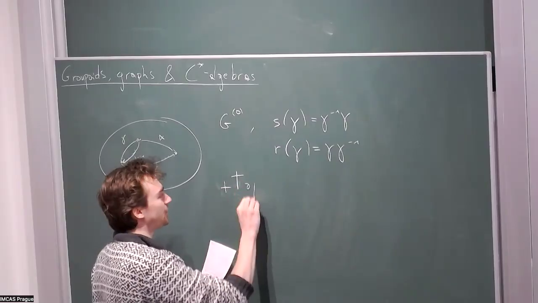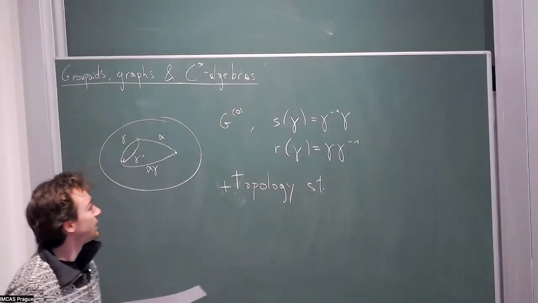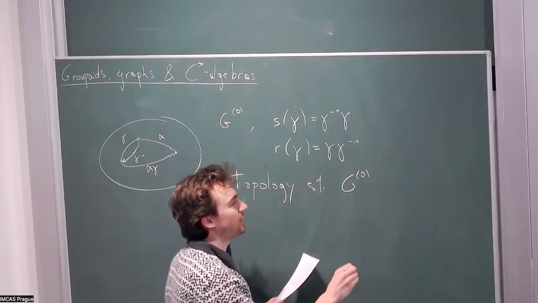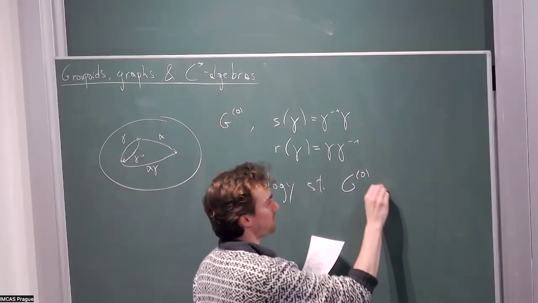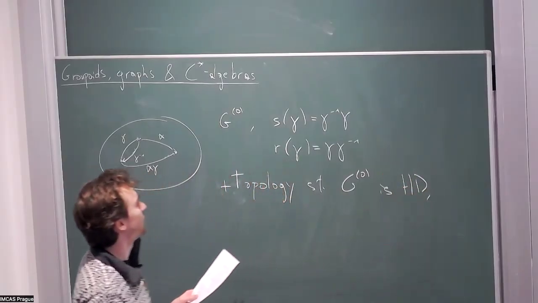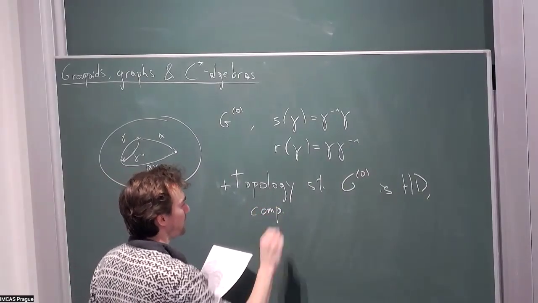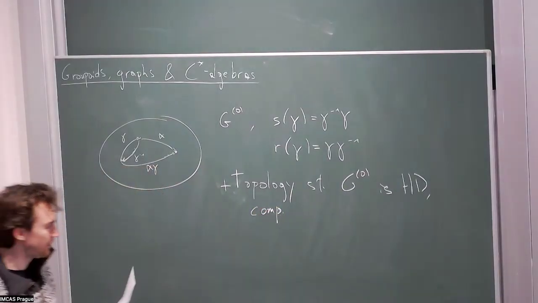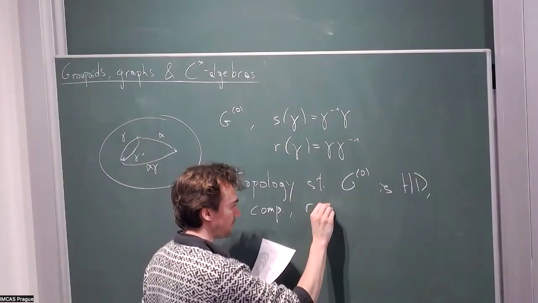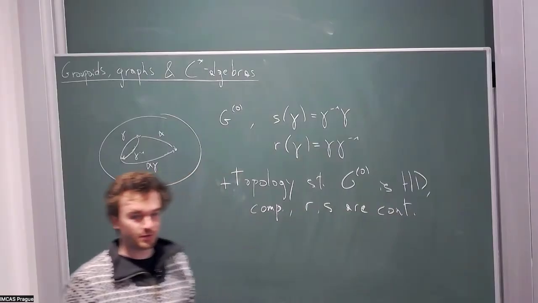So we want a topology such that the unit space is Hausdorff, and the composition, whenever it makes sense, and the range and source maps are continuous.